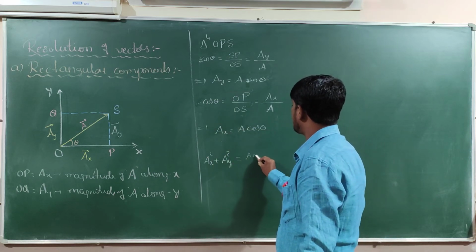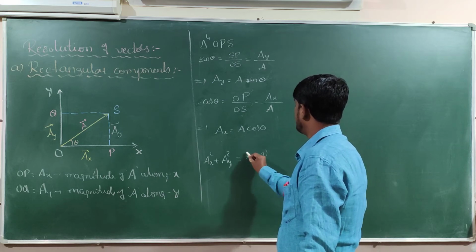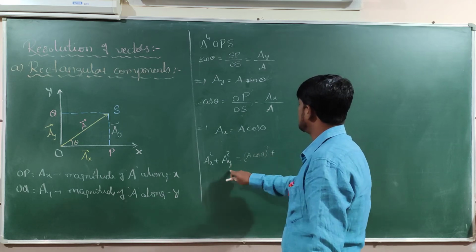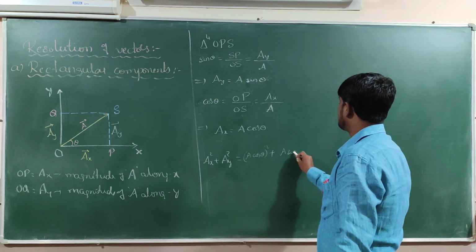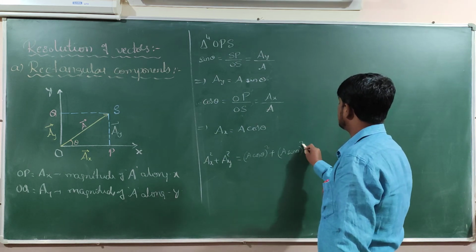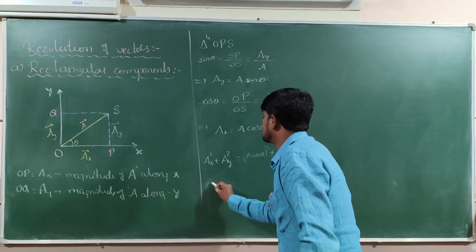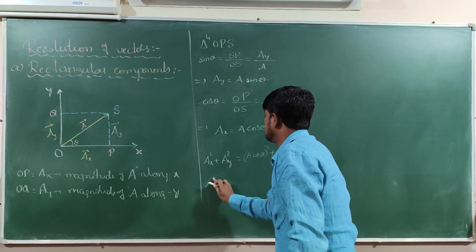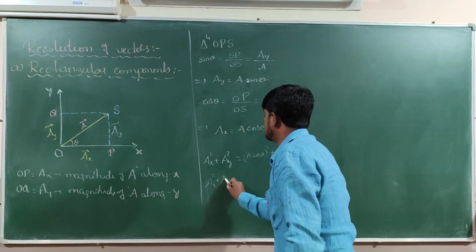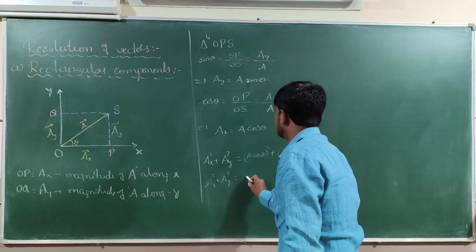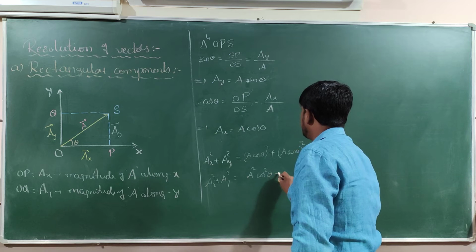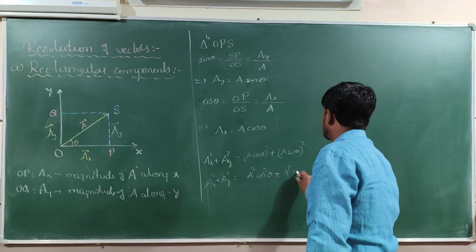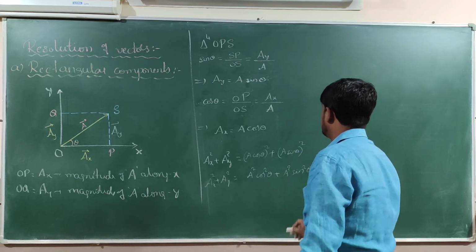A cos theta square, plus AY, which is A sin theta, square. So this becomes A square cos square theta plus A square sin square theta.